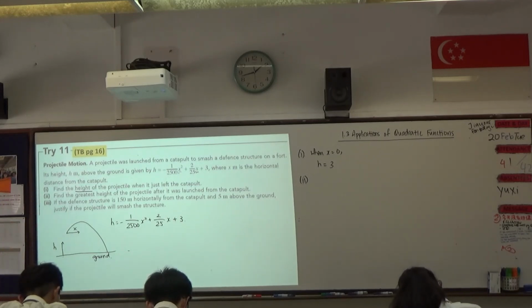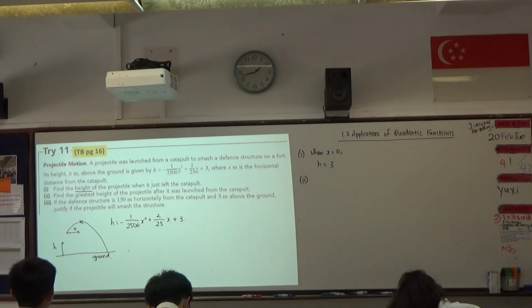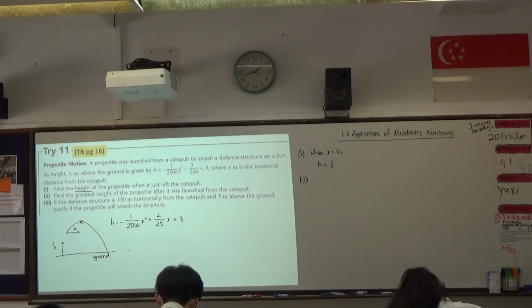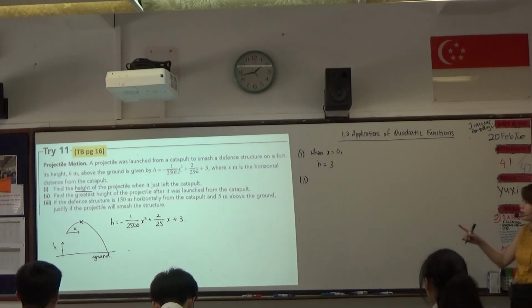We want to find the greatest height of the projectile after it was launched from the catapult, which means we're looking for the maximum height, the maximum point. So how can we do that? How to find the maximum? Complete the square. Now let's put that to a test. Can you please complete the square for this one?